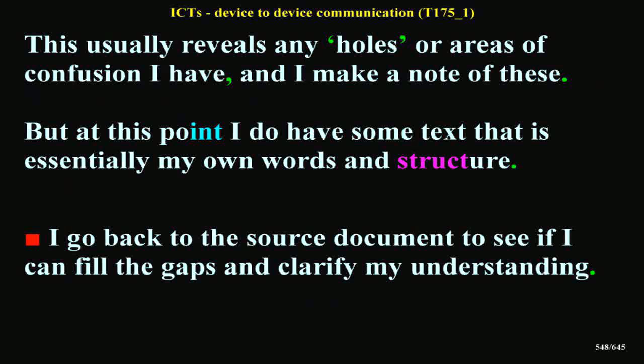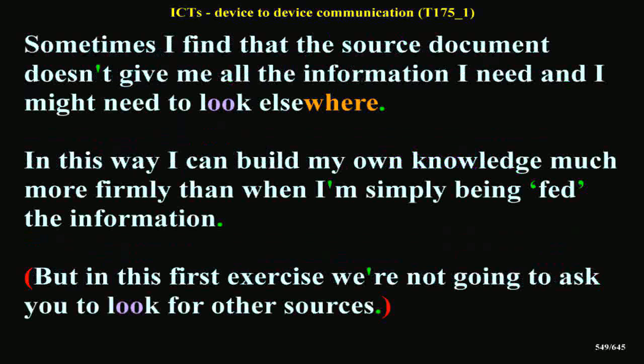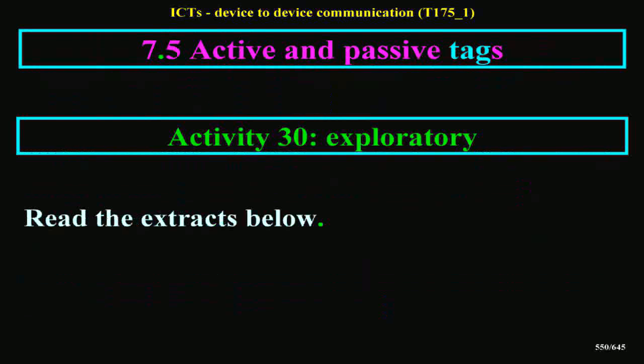I go back to the source document to see if I can fill the gaps and clarify my understanding. Sometimes I find that the source document doesn't give me all the information I need and I might need to look elsewhere. In this way I can build my own knowledge much more firmly than when I'm simply being fed the information. But in this first exercise we're not going to ask you to look for other sources.